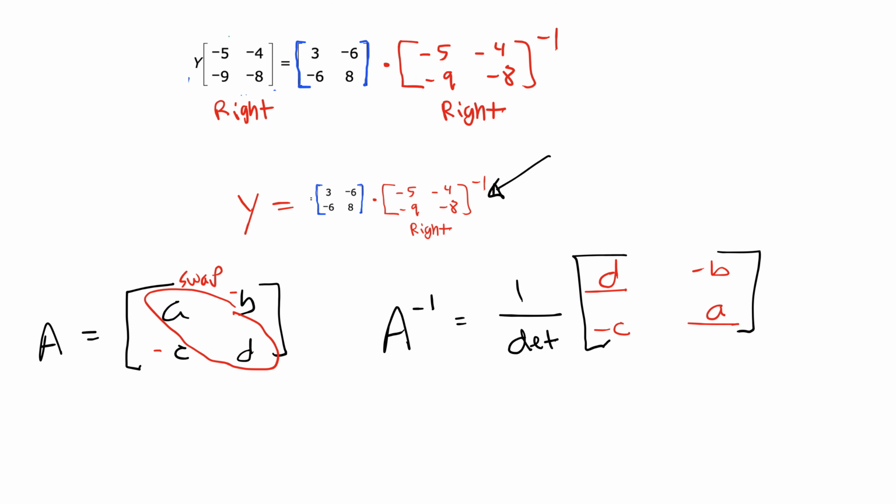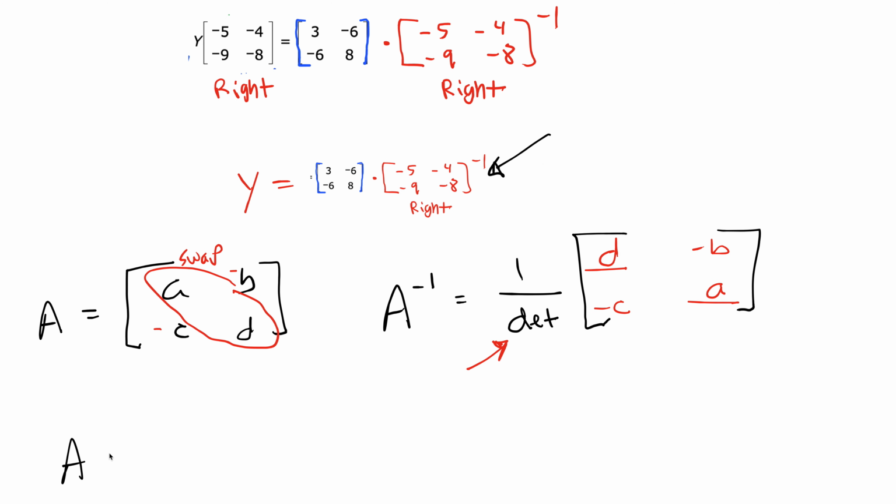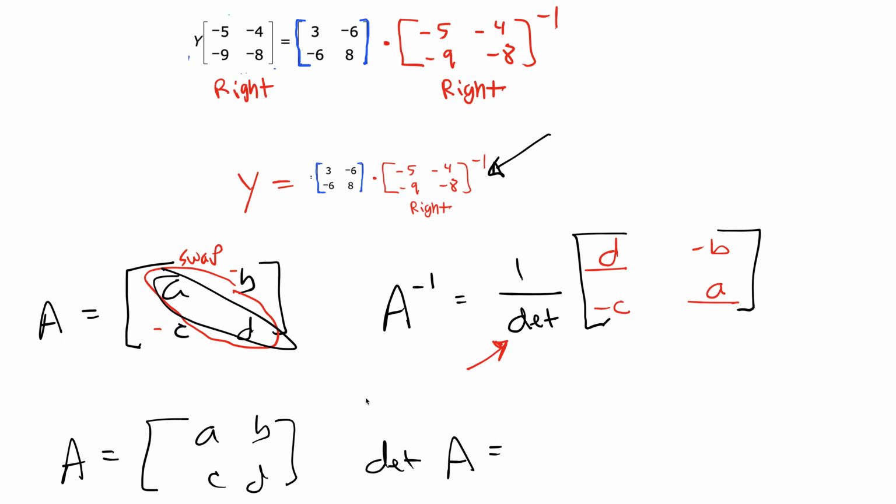Now, almost ready. We got to talk about the determinant. The way you get that is going back to our matrix A. So let's write down our A again. So matrix A is A, B, C, D. The determinant of A equals this times this minus this times this.